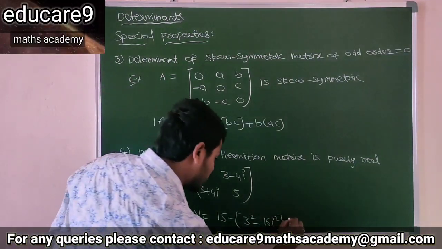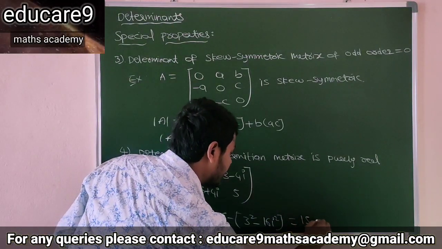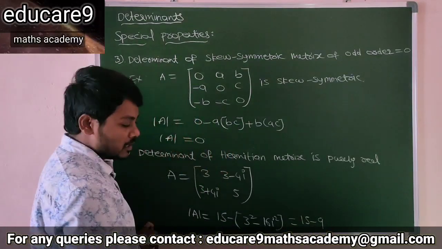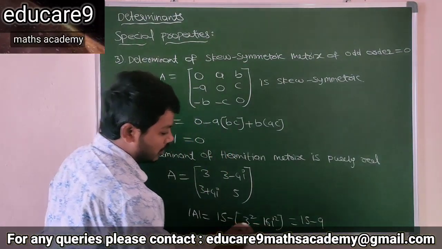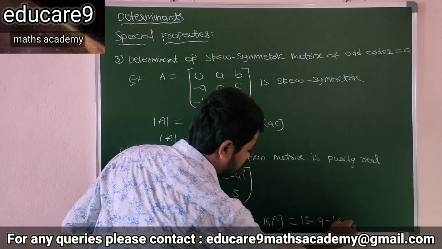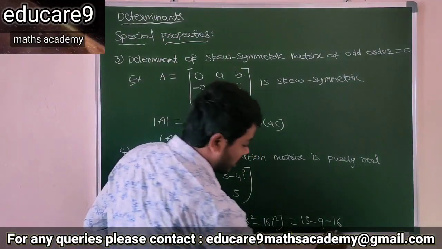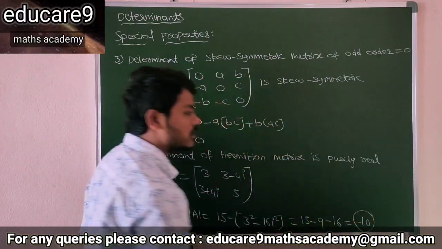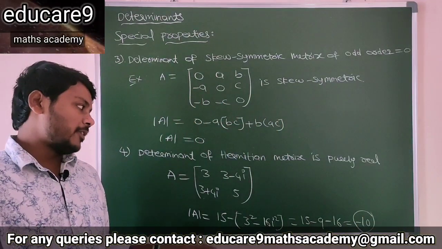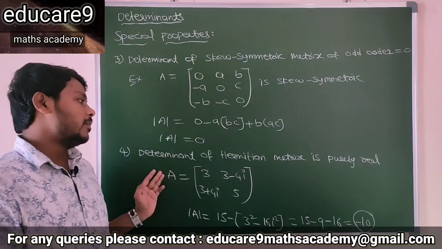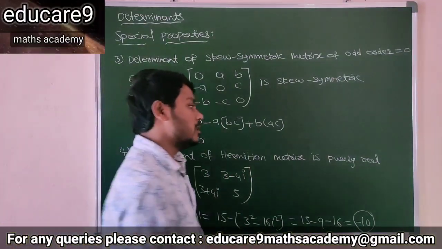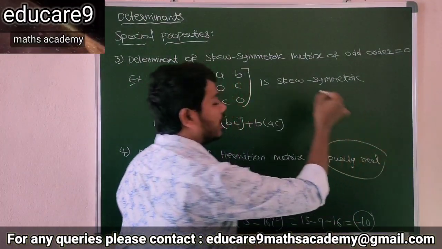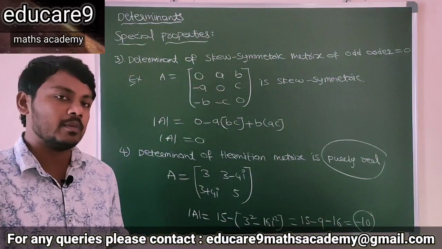So clearly this is equal to 15 minus 9 plus 16, into minus 16. So clearly you get minus 10. Therefore minus 10 is purely real. So from this we can say that the determinant of a Hermitian matrix is always real, that is a purely real number.